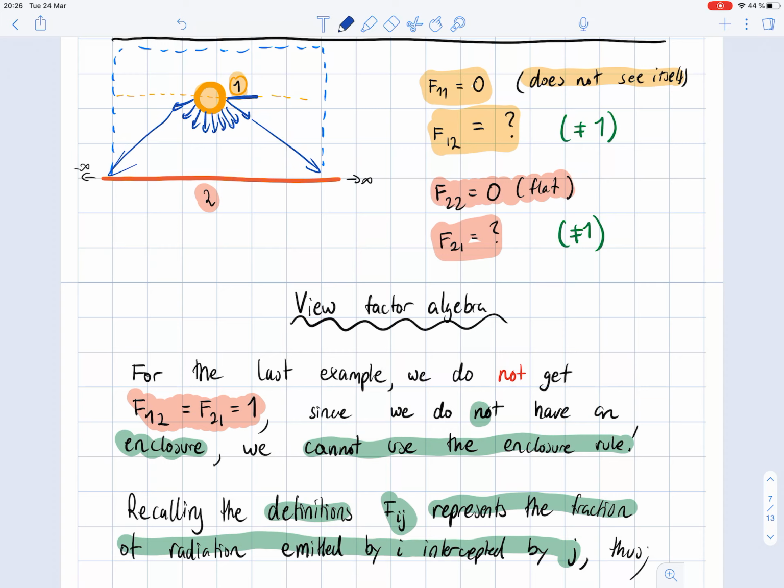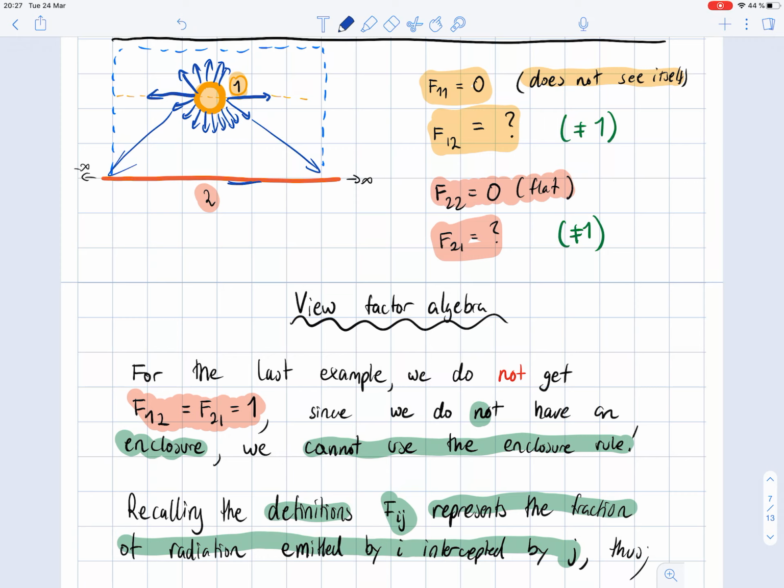While the rays that are exactly on the center line will continue parallel to this surface towards infinity, while the ones above will never reach surface number 2 at all.